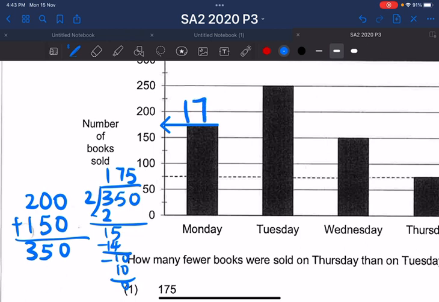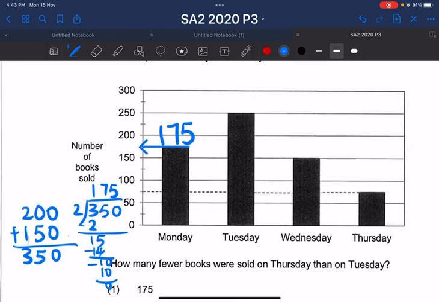So this number in the middle is 175. Now Tuesday will be 250. Right, quite straightforward because the numbers are already there. Now what about Wednesday? Wednesday will be somewhere around here, which is 150.